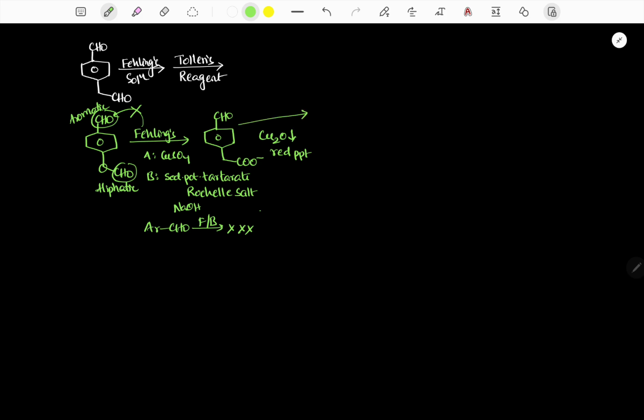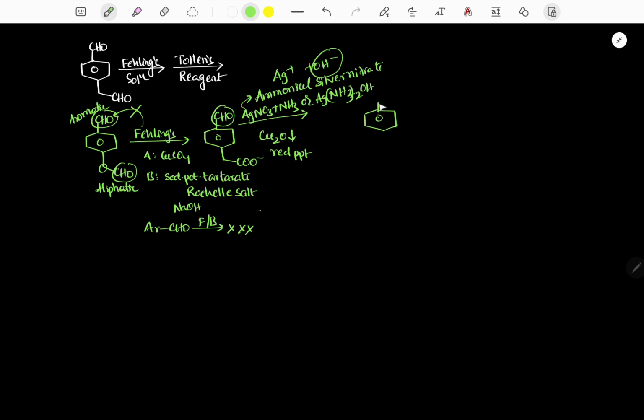Now it is treated with Tollens reagent, AgNO3 plus ammonia, otherwise Ag(NH3)2OH, ammoniacal silver nitrate. Here mainly we should think about Ag+ and OH-. In the presence of basic medium, the aldehyde undergoes oxidation.